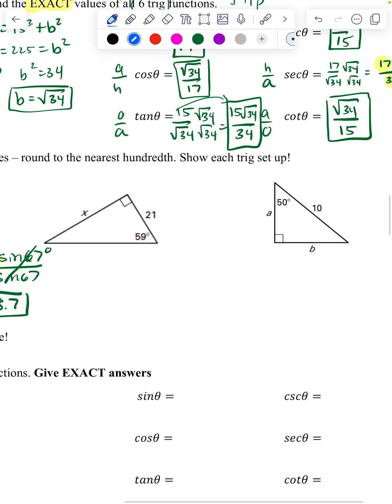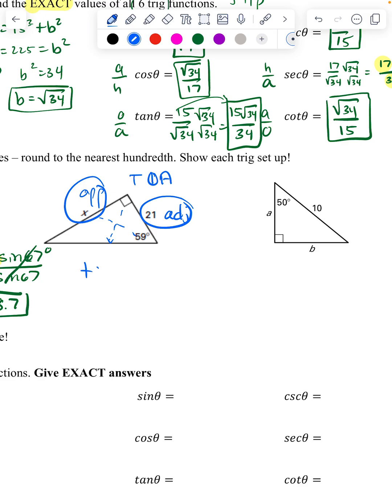Here, same process. This is going to be my opposite side. This would have been my hypotenuse, and it's not labeled or involved. So this is going to be the adjacent. So the two things involved are adjacent and opposite. So I'm going to be using the TOA part of my trig. So the tangent of 59 degrees equals opposite over adjacent.